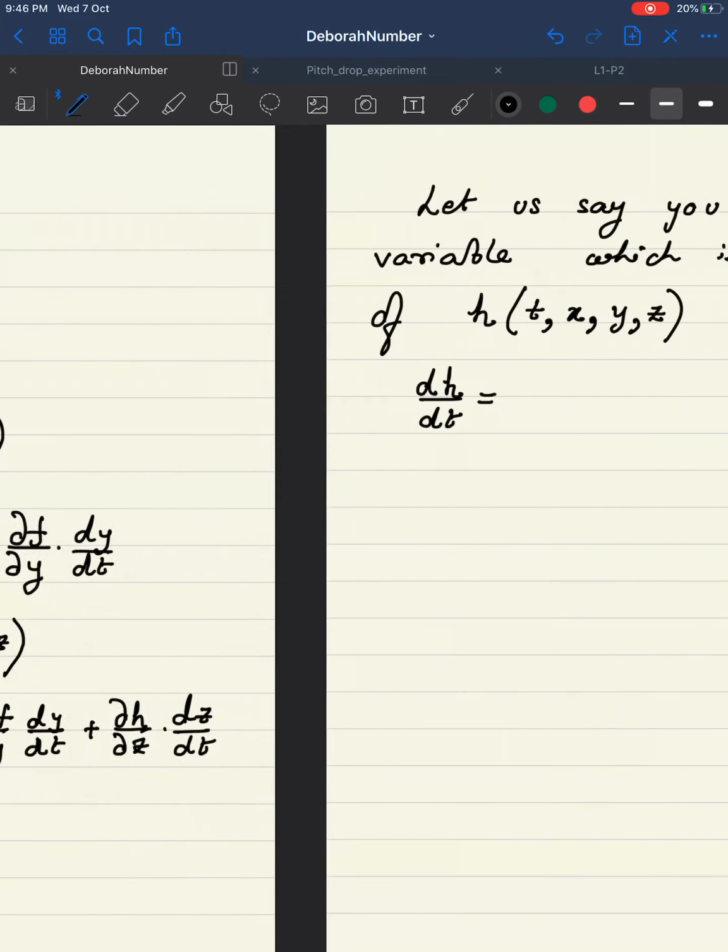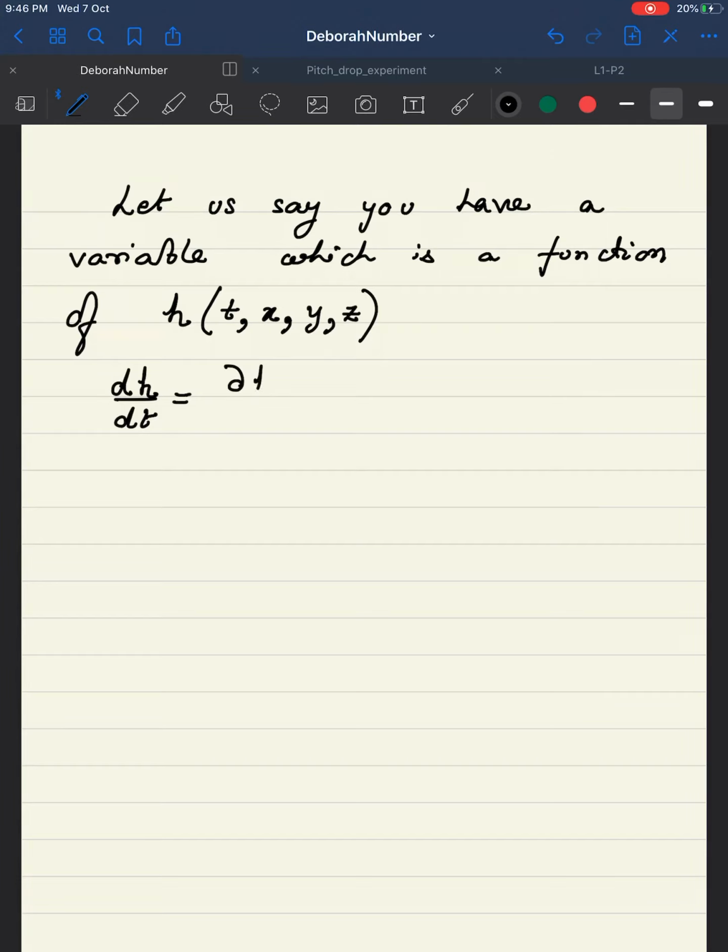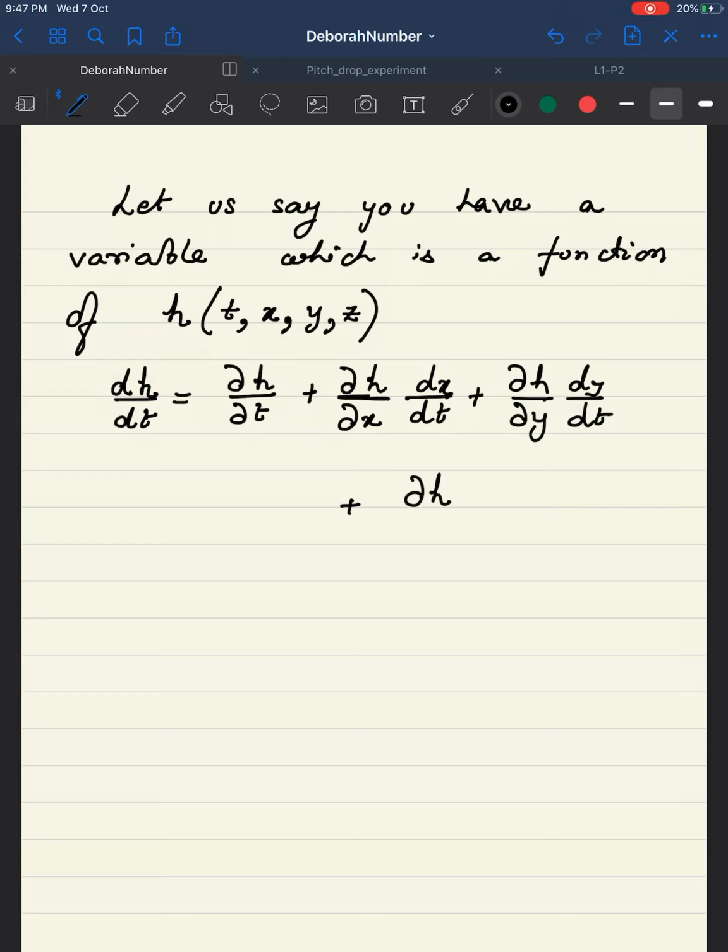Well, I just apply my chain rule, which will give me del h by del t, and then you have del h by del x into dx by dt, plus del h by del y dy by dt, and del h by del z dz by dt. Okay.